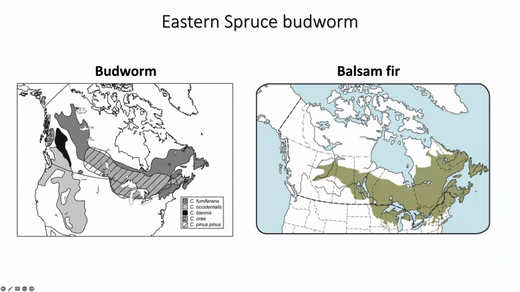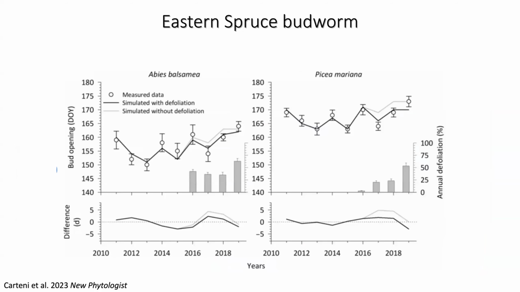And so one of the reasons for this geographic distribution, and why balsam fir is an important food resource, is the timing by which the needles are available for foraging by the caterpillars of eastern spruce budworm. So in this diagram, this is a study out of Quebec.